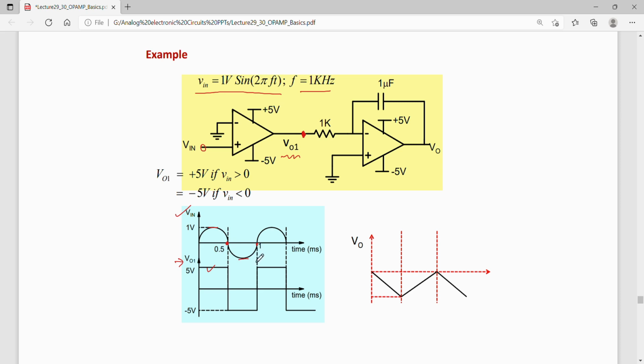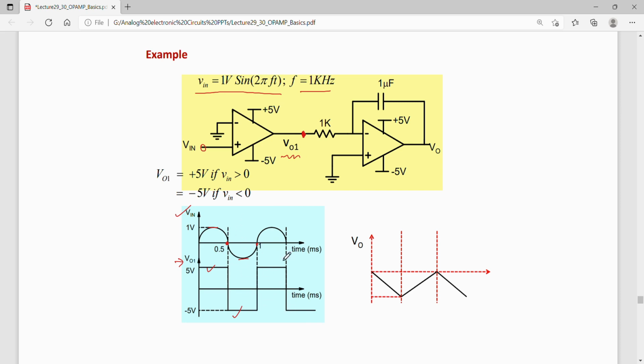Similarly, when Vin is negative, the output will be clipped to minus 5 volts. So through this circuit, the output VO1 we achieve is a square wave pulse of the same frequency as the input.